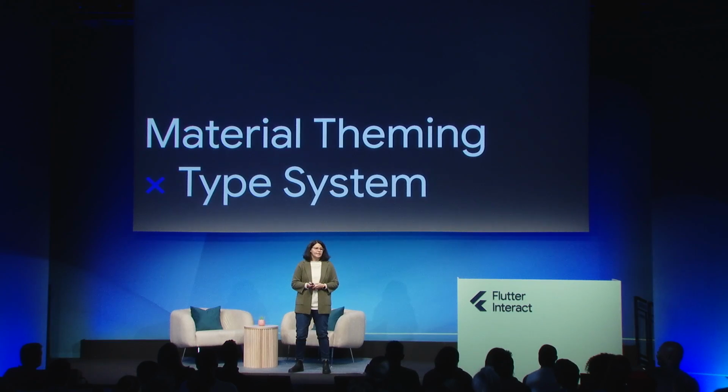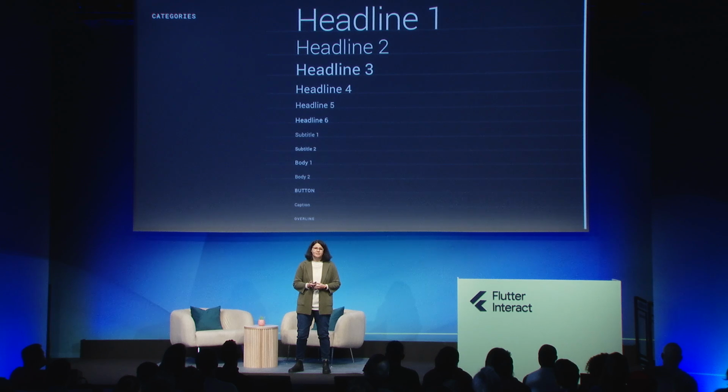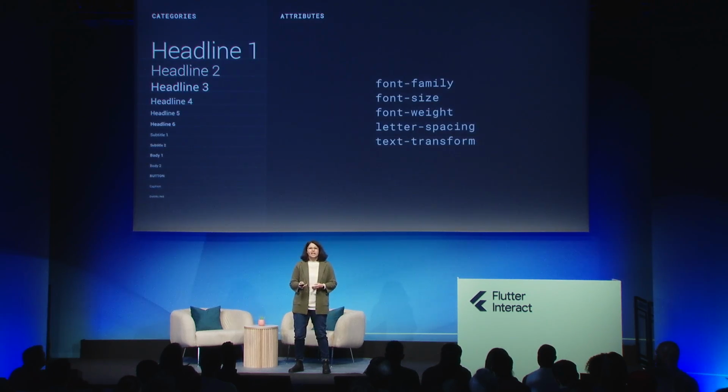Let's look at the material theming type system. The material typography system relies on type scale, so H1 through 6, subtitles, body, and copy, and a range of contrasting categories that support the needs of the product and its content. Each of these categories has the same set of attributes, and this is where the material theming really comes in.